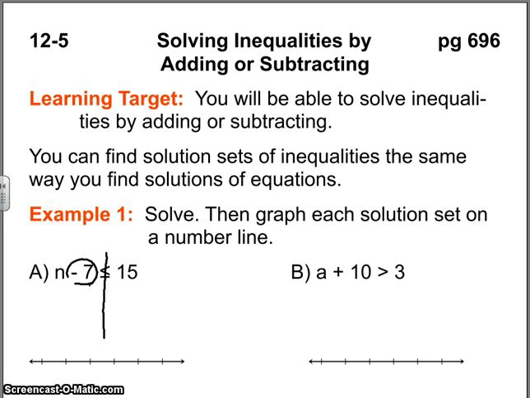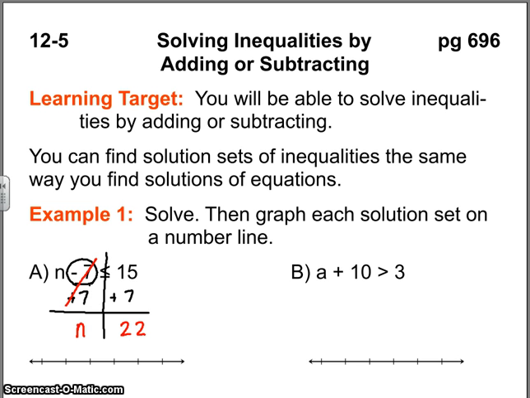So we want to get n alone, so the inverse of subtracting 7 is adding 7. And Panthers, if I add 7 to one side, I must add it to the other. So our inverse operations cancel out, and we're just left with n. And on the other side we have 15 plus 7, which is 22.